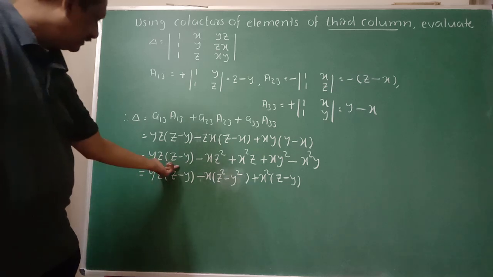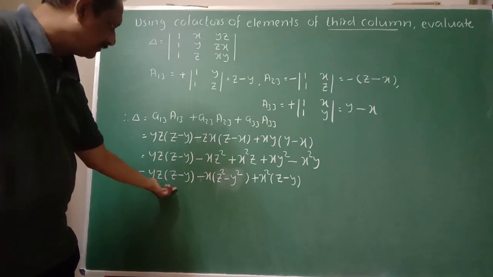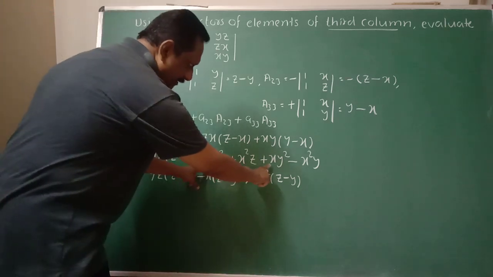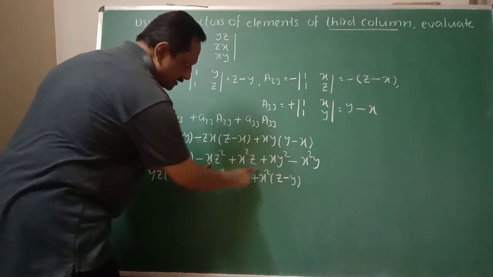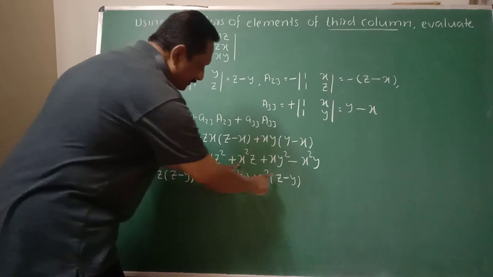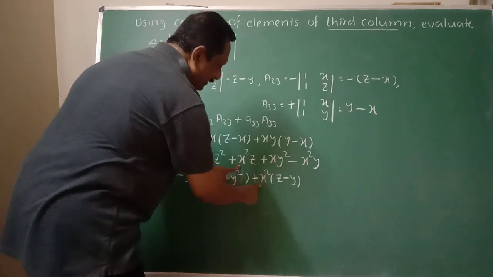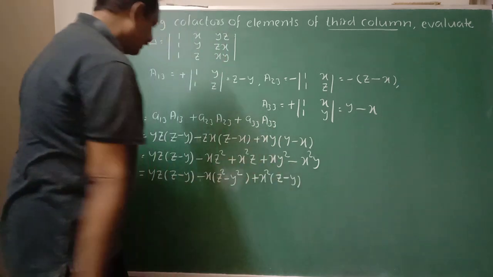Here you keep this term as it is. From here and here, minus x common, then z square minus y square. This plus becomes minus here. From these two, x square is the common factor, then z minus y.